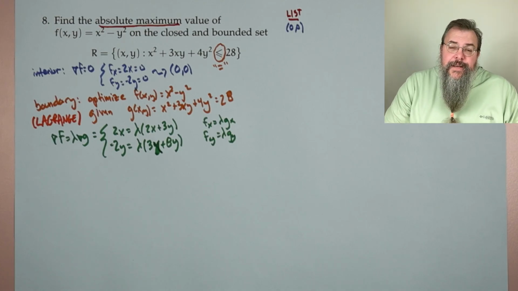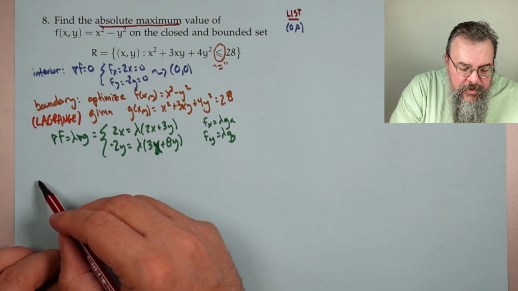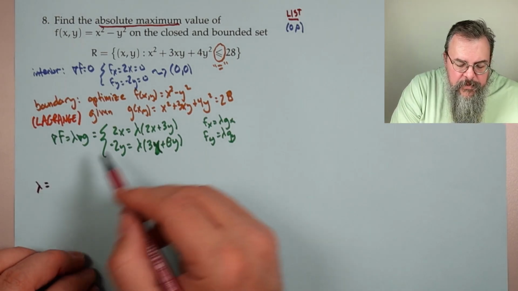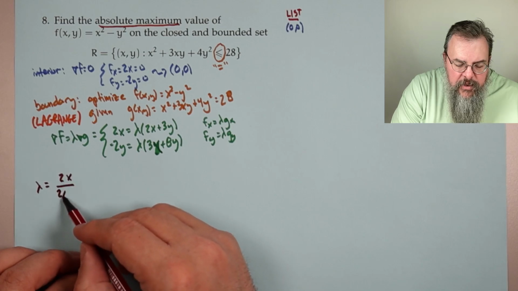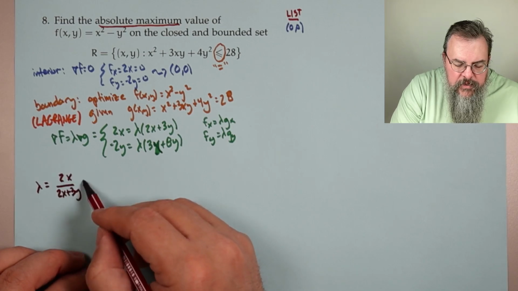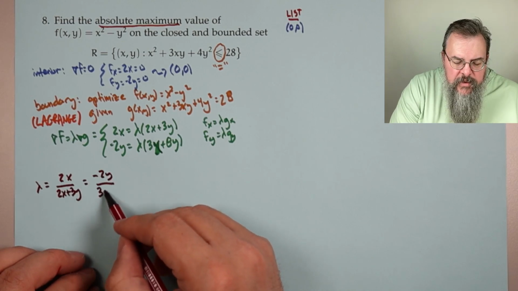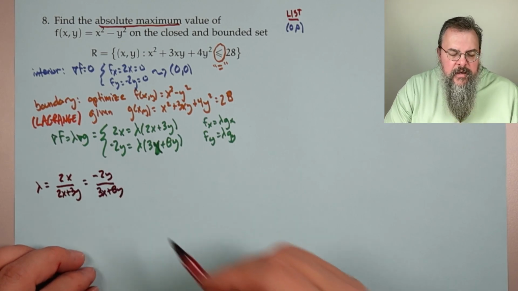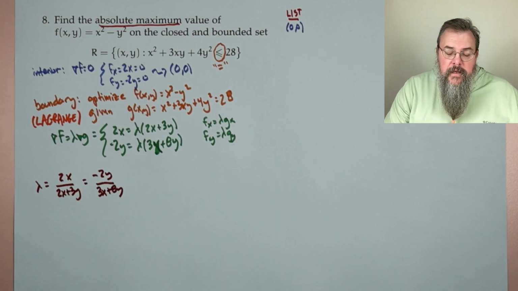From the first equation, lambda is 2x over 2x plus 3y, and from the second equation, it's minus 2y over 3x plus 8y. All right, that's fine.